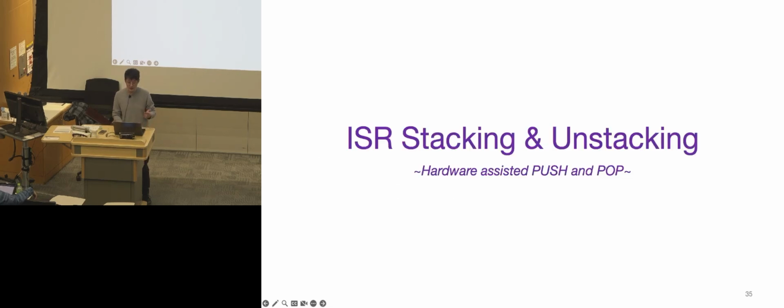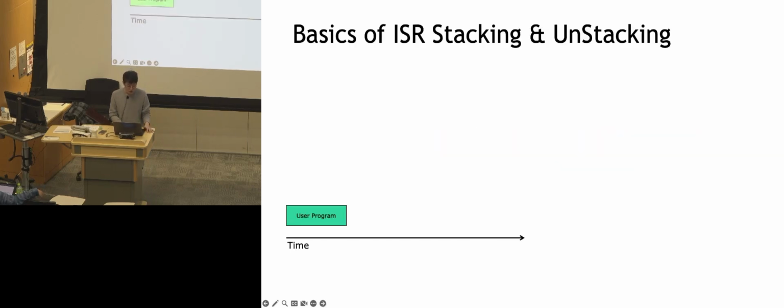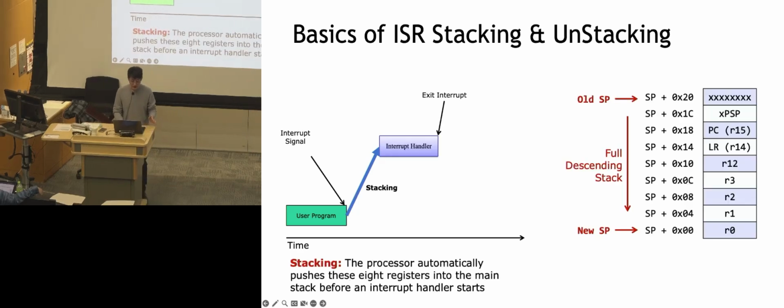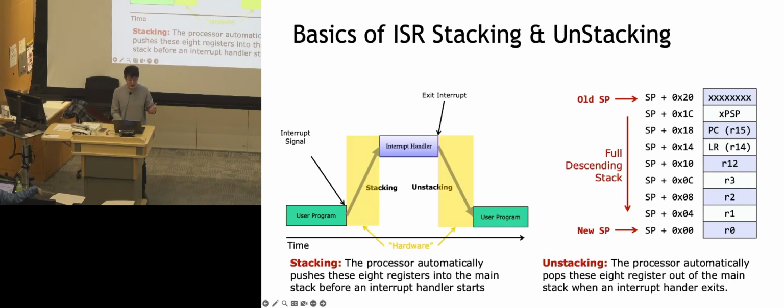So how we actually do that storing is through stacking and unstacking. This is a quick flow of what's happening. We have the interrupt signal sent from peripherals or whichever other part of the system.